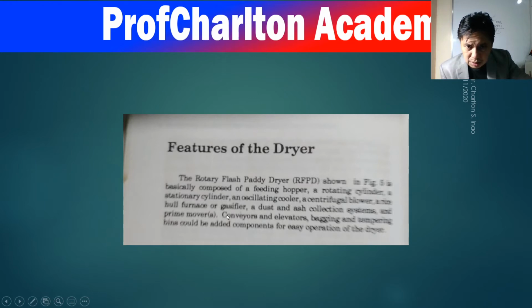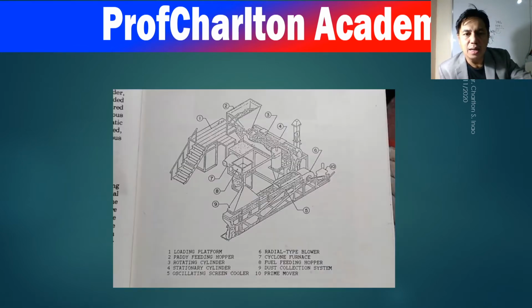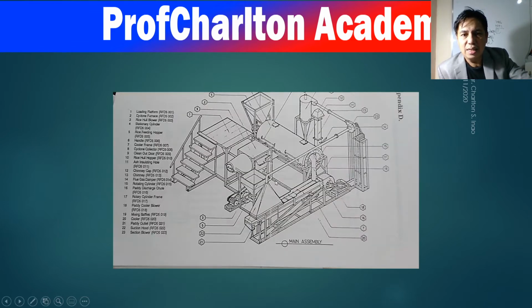So in this case, there is a rice hull furnace or gasifier. Others use steam, but this one is a gasifier from rice hull. To give you an idea how this palay, or paddy, rotary dryer works, this is the design, and this is a clearer, larger view.